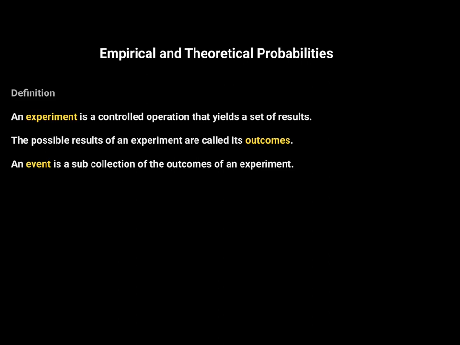Next, we have an event. What we mean by an event is a sub-collection of the outcomes of an experiment. For example, when a coin is flipped, an example of an event would be getting heads, or a different event would be getting tails. When a single die is rolled, there are many different events that could happen.